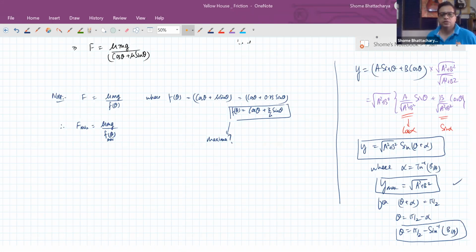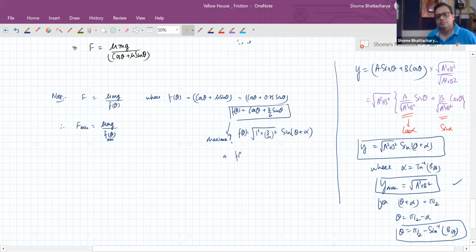Yes, Tantrish, very good. Okay. So that is what we have to do here. So we can next express this as square root of this much into sine of theta plus some alpha. So this will become how much now? This will become 5/4.